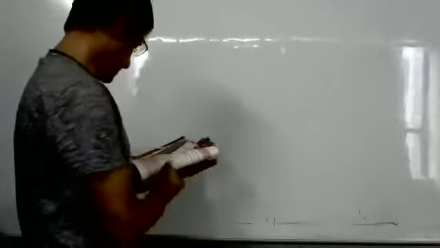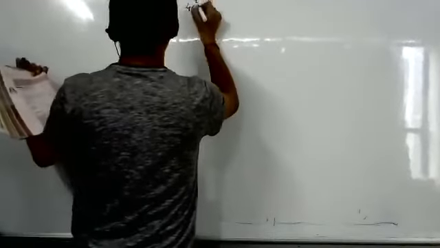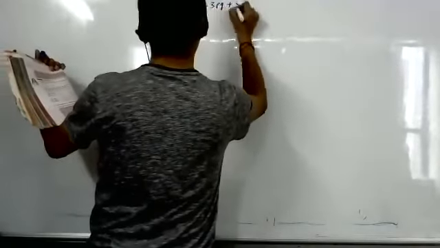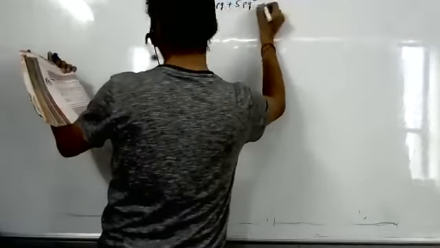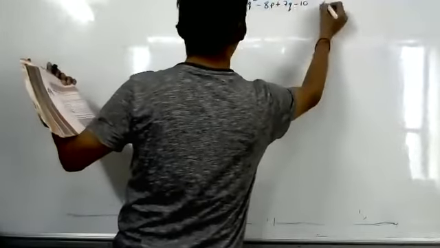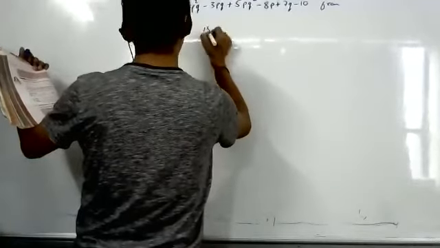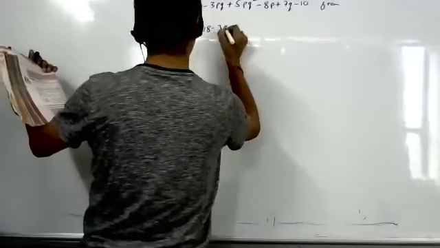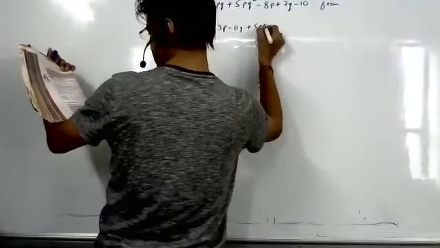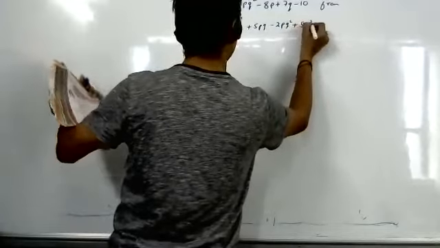So, in this question, subtract 4p square q minus 3pq plus 5pq square minus 8p plus 7q minus 10 from 18 minus 3p minus 11q plus 5pq minus 2pq square plus 5p square q.